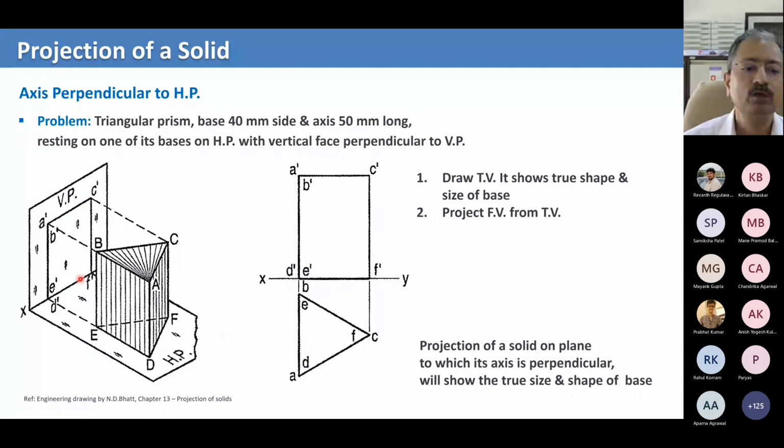The line, because it is perpendicular or parallel to one of the orthographic planes, collapses into a point on the vertical plane.